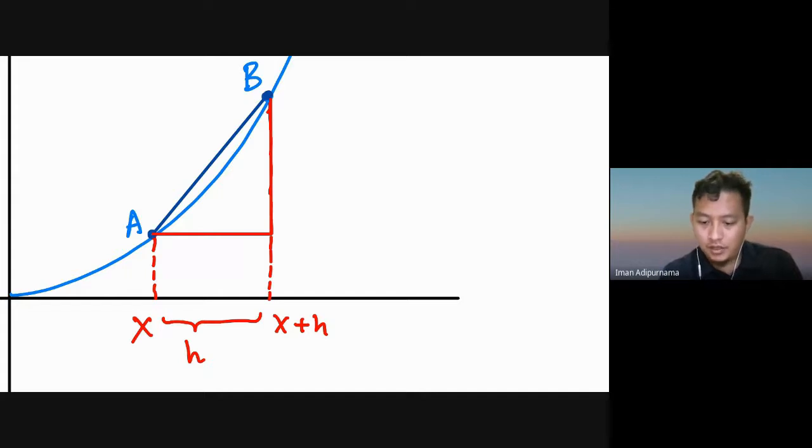All right. Now we know that this is the delta y and delta x. Okay, and we can write the gradient like this, right?